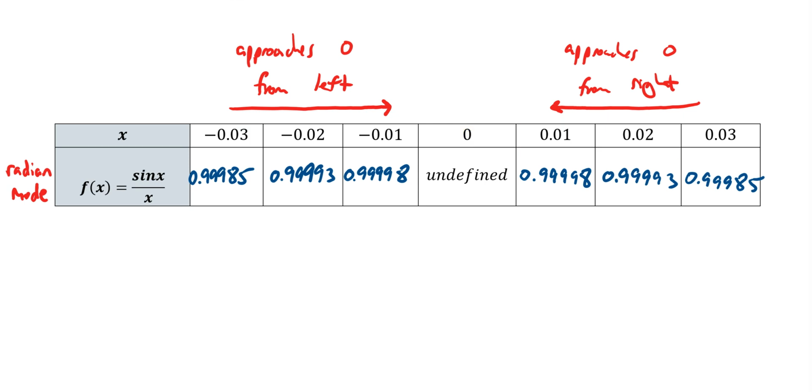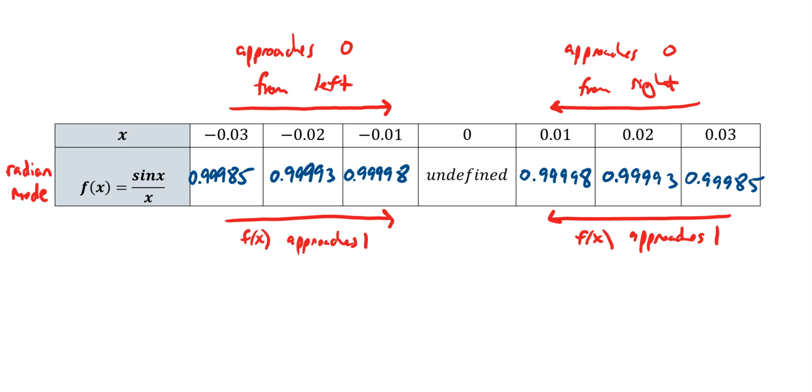And then as usual, we're going to ask ourselves, what are these values getting closer to from the left and from the right? And it looks like from both sides, the y values, or the function values, are getting closer and closer to a value of 1. They're getting very close to a value of 1.